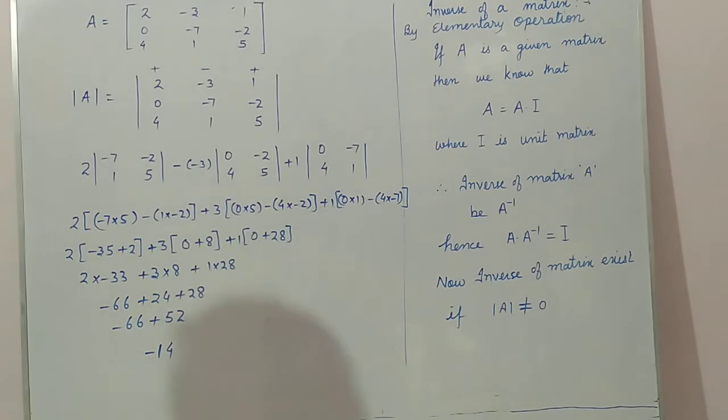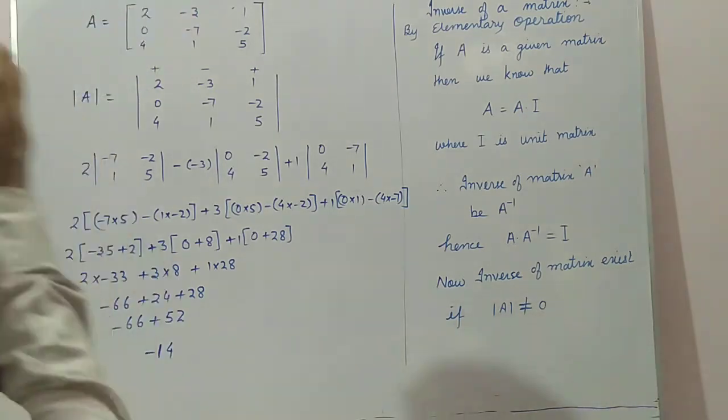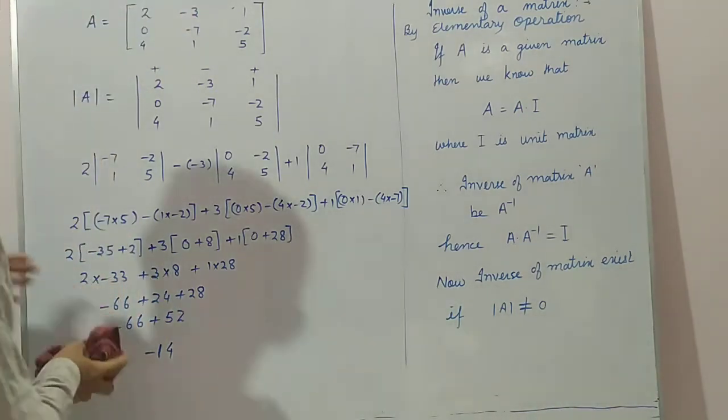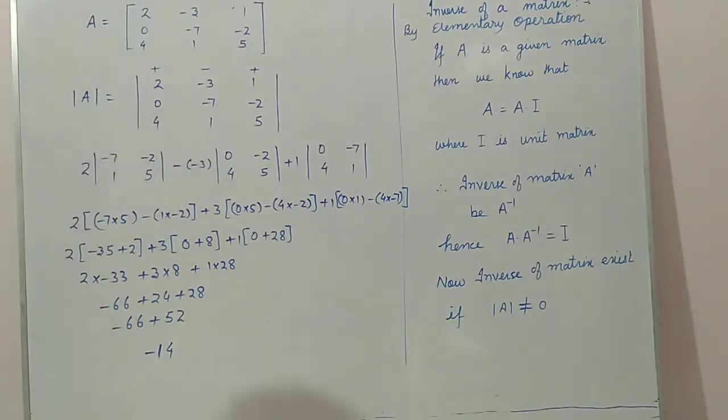Okay. So if the determinant is not equal to 0, that means we can determine the inverse of the matrix. Now, see here, we have determined the determinant.